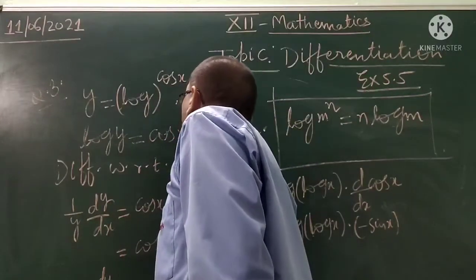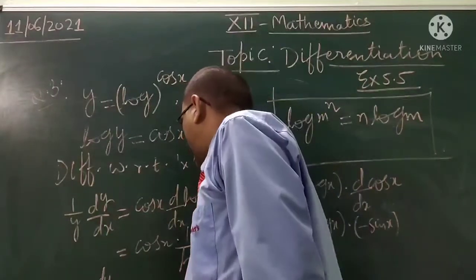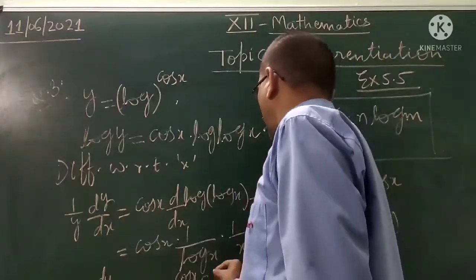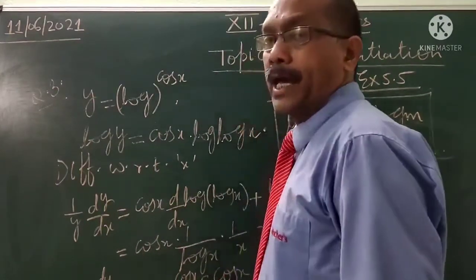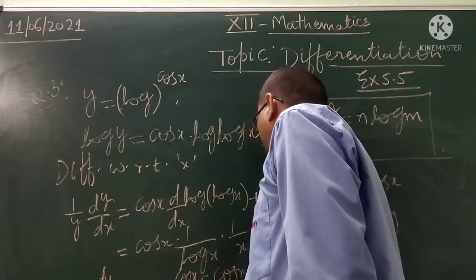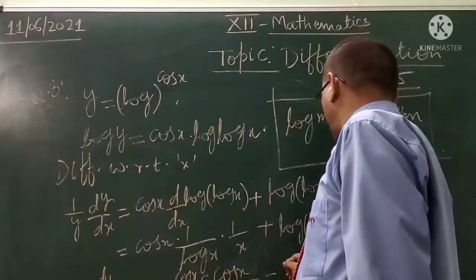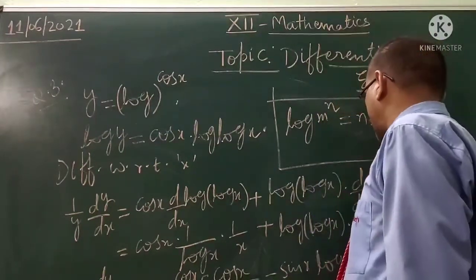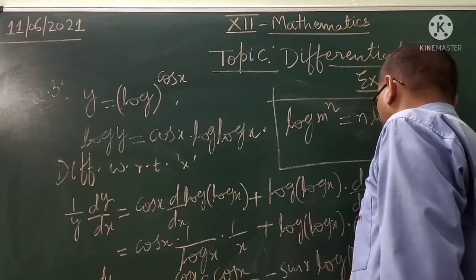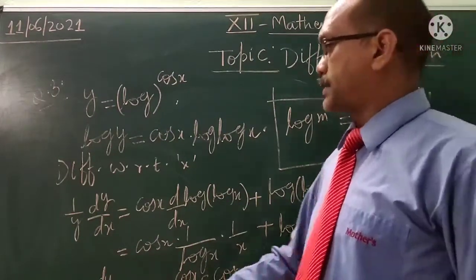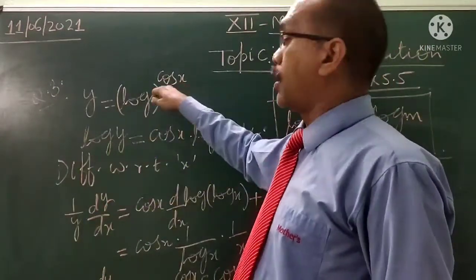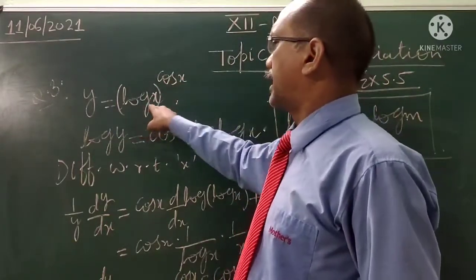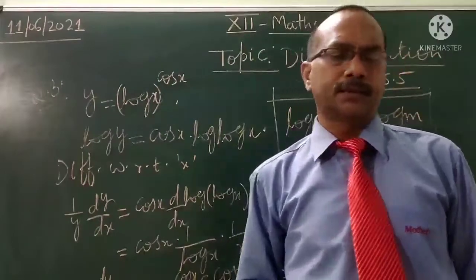It is (log x) power cos x, bracket cos x upon x log x minus sin x into log of log x. So this way we will find the derivative of (log x) whole power cos x.